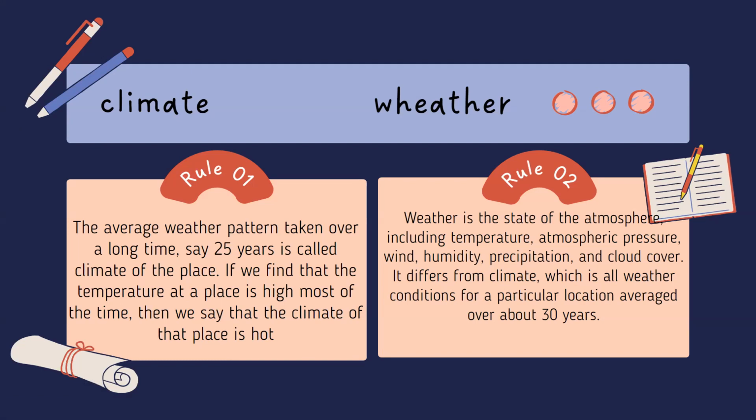Climate covers all weather conditions for a particular location averaged over about 30 years. The climate of the place changes a little bit, but the weather changes. So this is the difference between climate and weather.